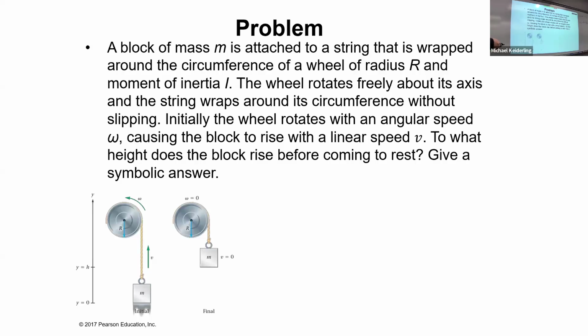And eventually it comes to rest. The mass has 0 speed, the wheel is no longer spinning. So what is the height that it comes to rest at? So this is a conservation of energy problem. You have two sources of energy: the kinetic energy of the block and the kinetic energy of the wheel.